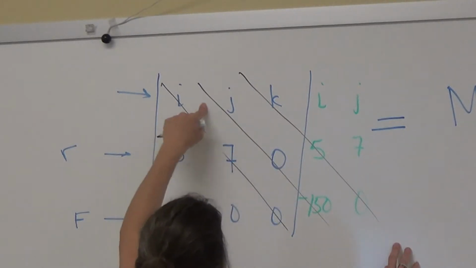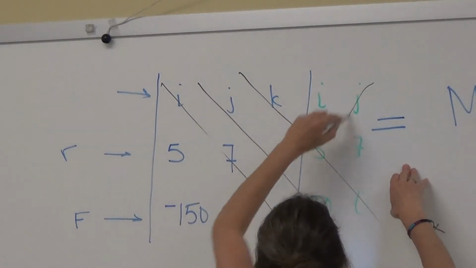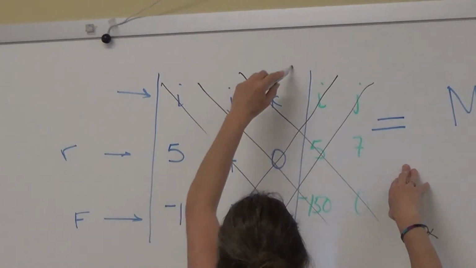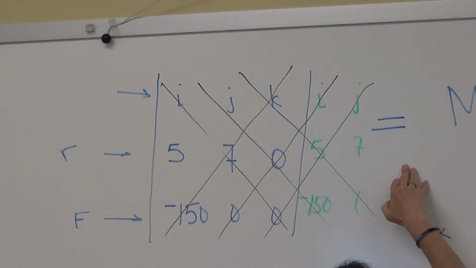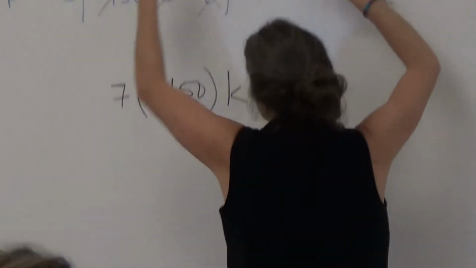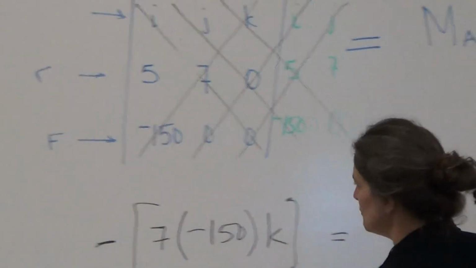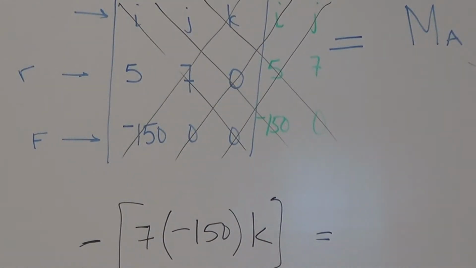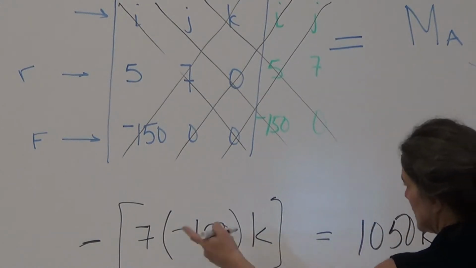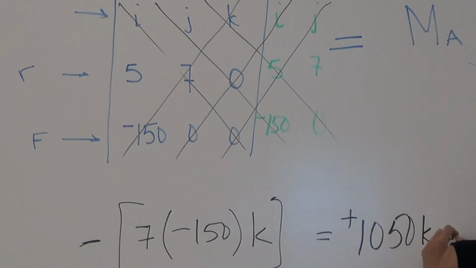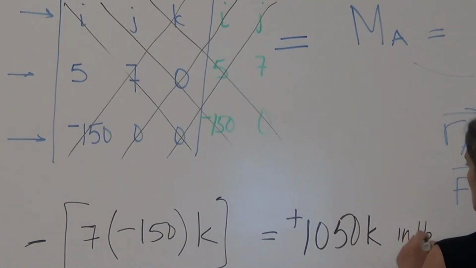So this is 0, 0, 0. And then I subtract coming back. This is a 0, this is a 0, and this is a 7 times negative 150 times k, but I came backwards, so I have to do a negative. So what's 150 times 7? 1050. 1050 k, and it turns out to be a positive, and the units are inch pound.